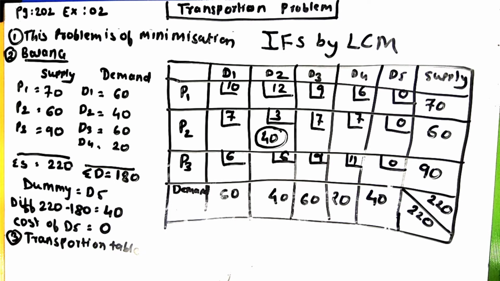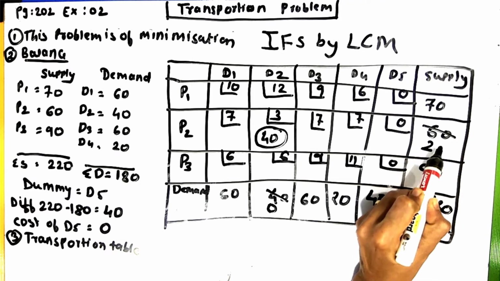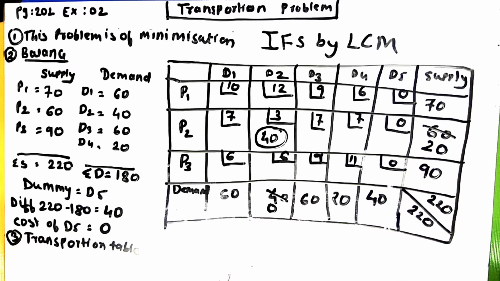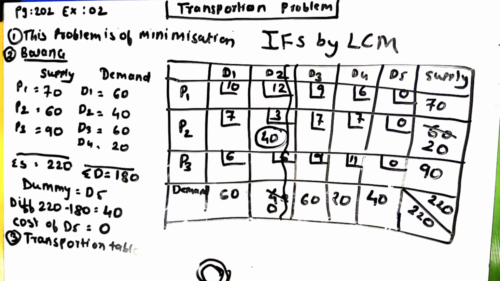Once the demand 40 is given, 40 minus 40 is 0. That means for D2 the demand is fulfilled. From supply 60 we have given 40, so it remains 20. So in our first procedure, D2 has become 0, so this column will get cancelled.